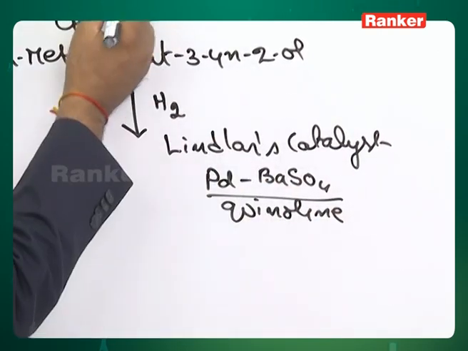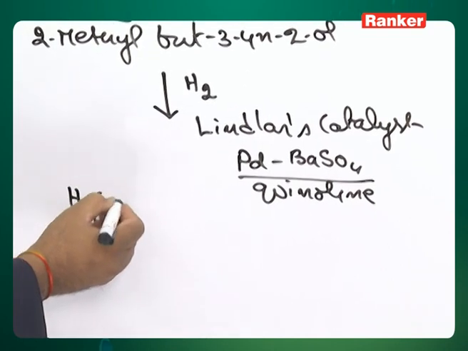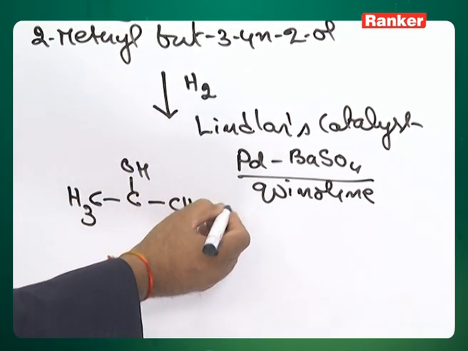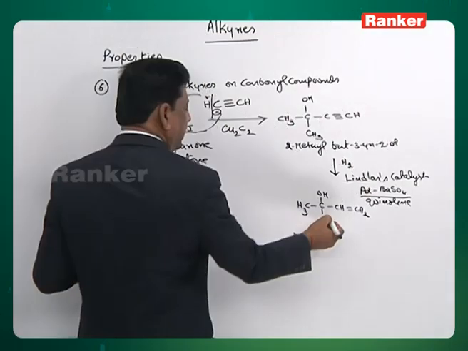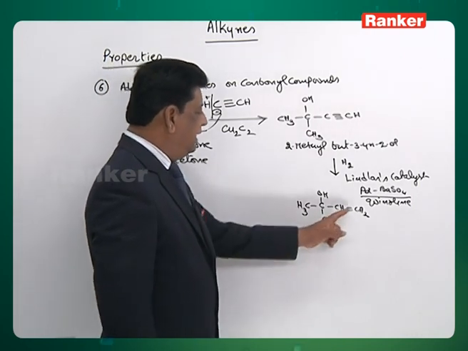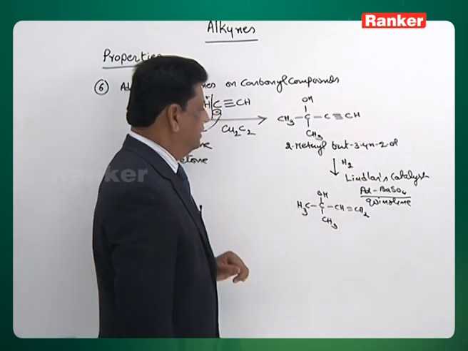With this the triple bond is reduced, but only up to the double bond. So you will get a double bond here, CH double bond CH2. Now this is named again 2-methyl but-3-en-2-ol. Instead of yne we have an ene here, that is all.